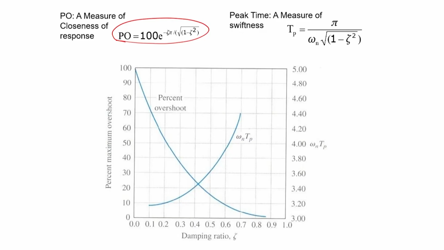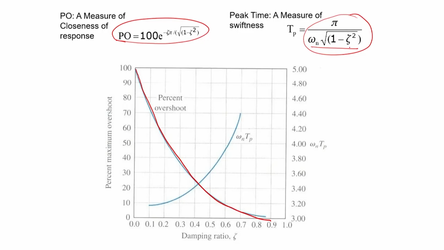So, if the damping ratio increases, percentage overshoot simply comes down very fast. Okay. And if you look at the other way around, that means in terms of the change that is happening in the peak time of the system, the peak time Tp varies inversely with the damped natural frequency of the system.